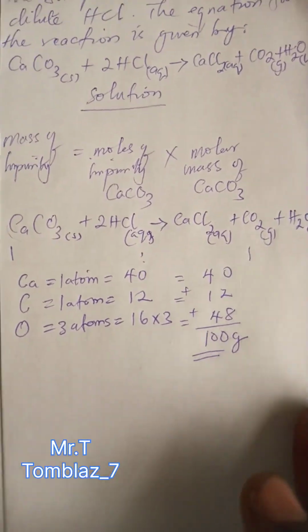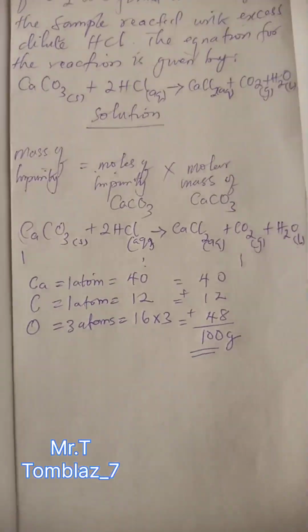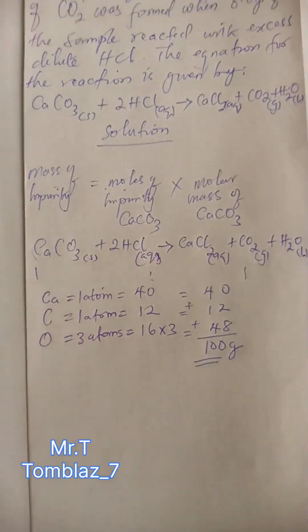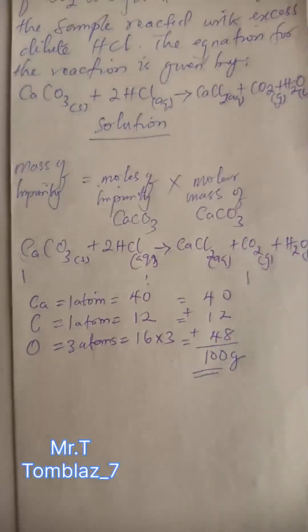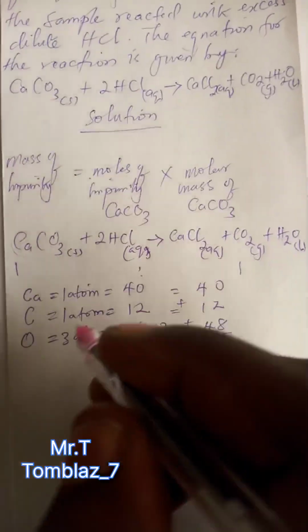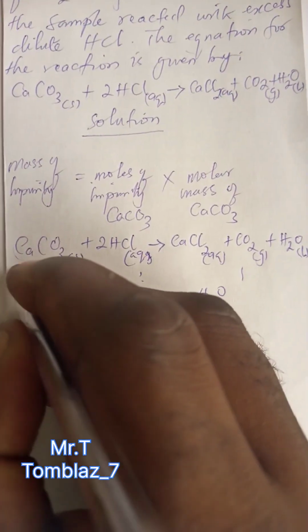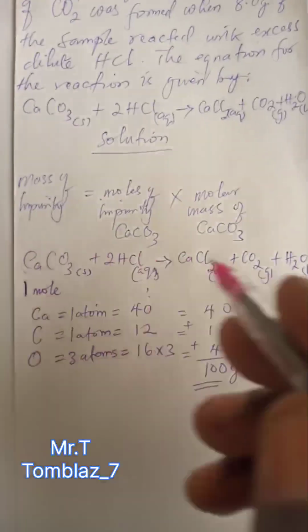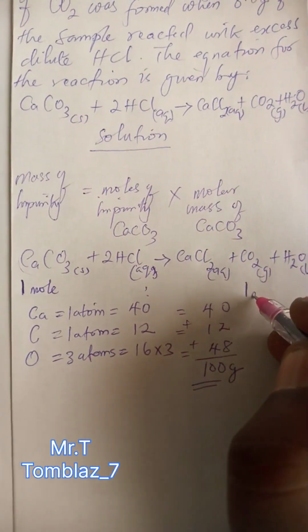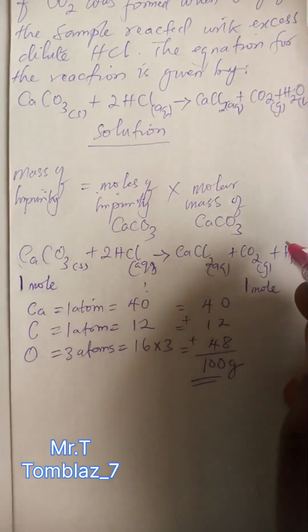Okay, so if that's the relative molecular mass, then let's now start relating it to our question. Now we know that 1 mole of calcium carbonate produced 1 mole of carbon IV oxide.